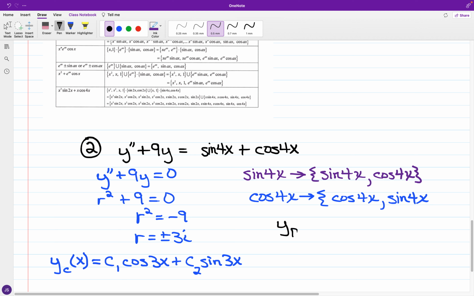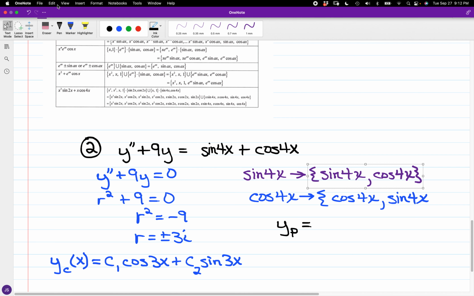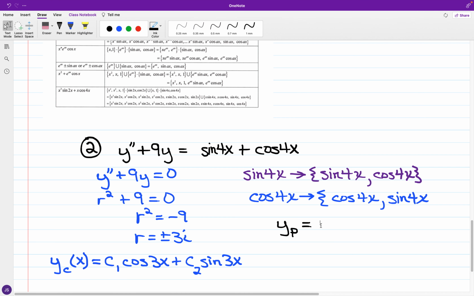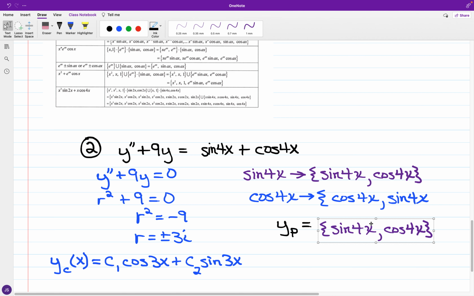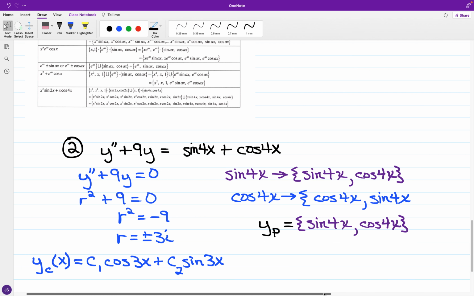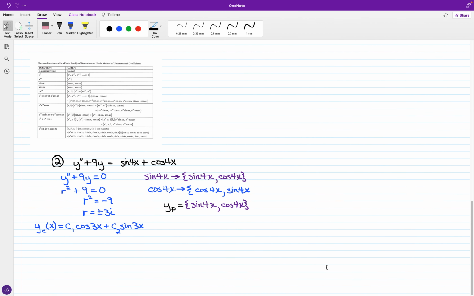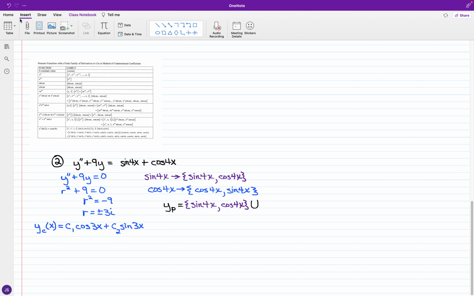So if we look at it through the prism of working with the families of derivatives, notice between the sets we have identical elements. And we have the operation of addition between the sine and the cosine of 4x. In terms of working with the families, addition or subtraction will translate to the operation of union between the families of derivatives.